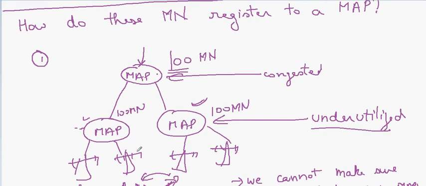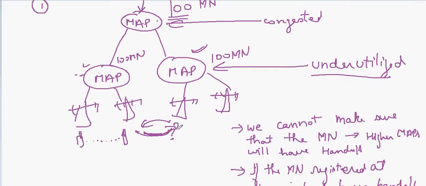The mobile nodes will always have to inform the home network and the correspondent node. So you don't take the advantage of hierarchical mobile IPv6. You just have the infrastructure of hierarchical mobile IPv6 and the procedure will be the same as mobile IPv6. So it's not a good procedure for registering the mobile nodes to the MAP.